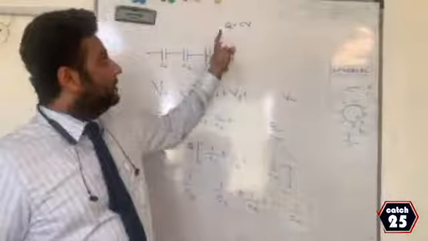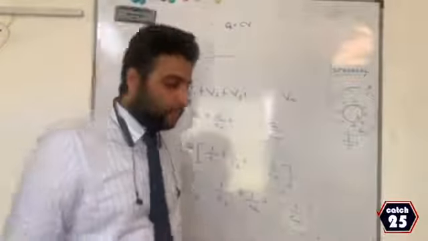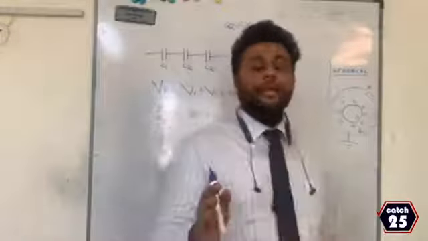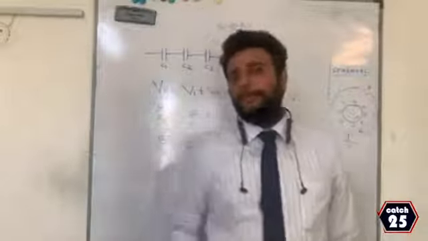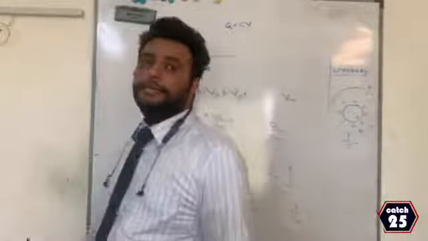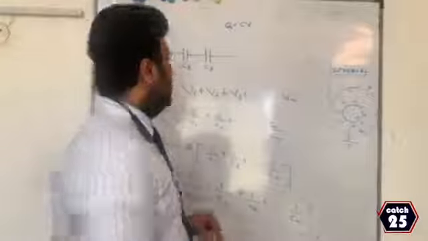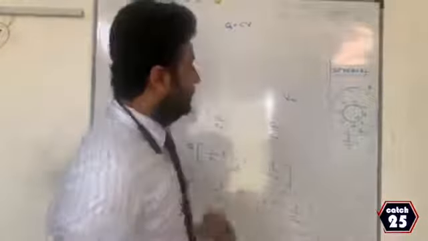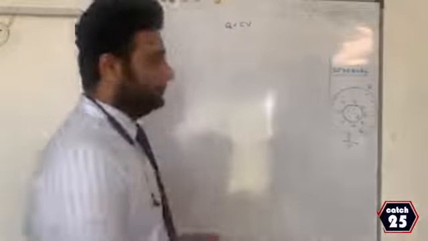I made use of two logic. One is the basic formula for capacitance, and the second logic that I made use of is when capacitors or when any components are connected in series, voltage adds up, charge remains constant. Now let us go to the next derivation where condensers are connected in parallel. For that, let me take three condensers in parallel.